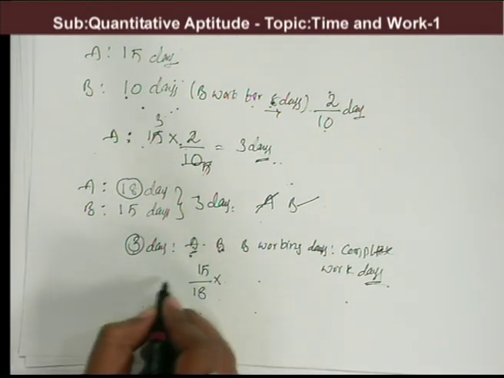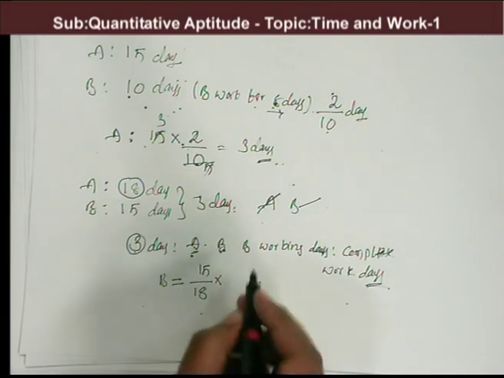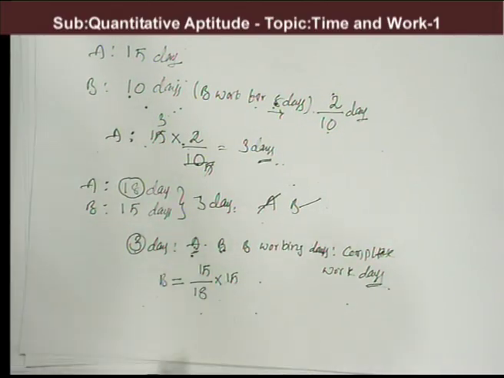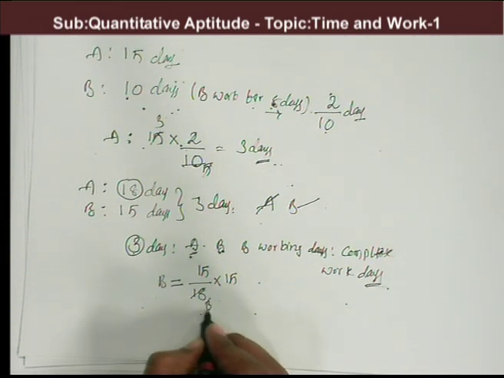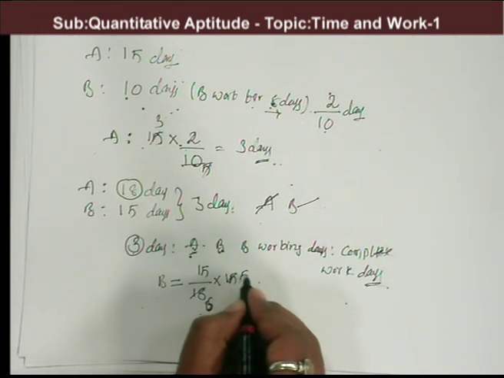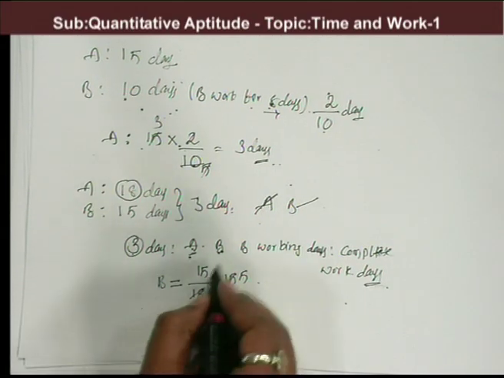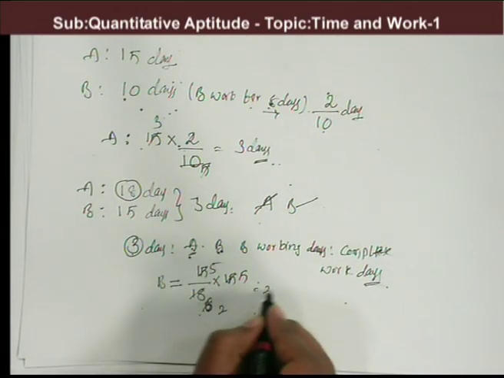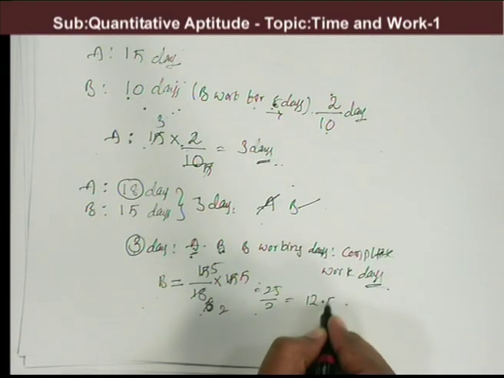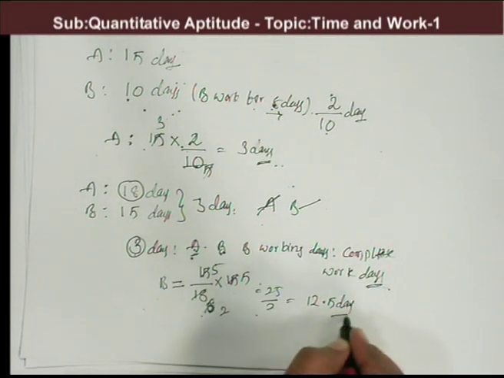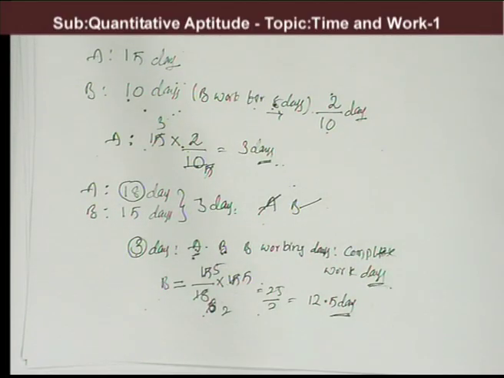This work is completed by B, whose time is 15 days. That gives 25 by 2 days, that means 12.5 days the work will be completed. So, there is a doubt.